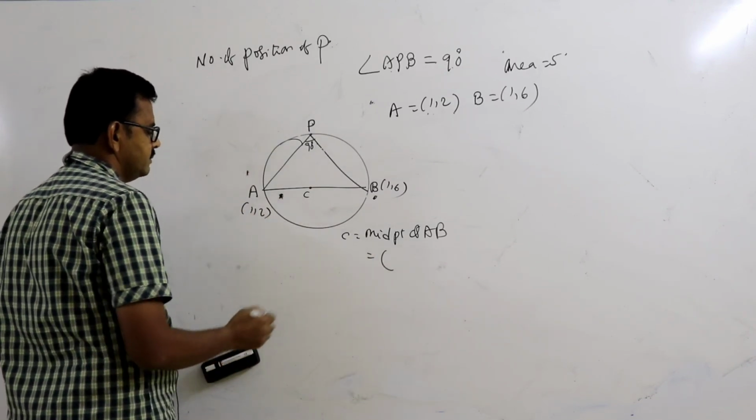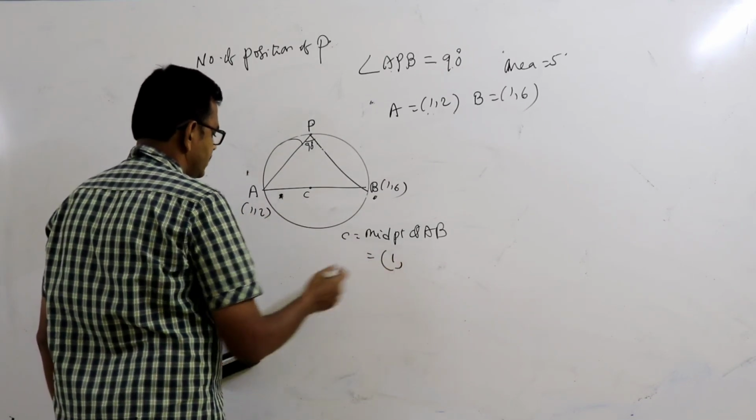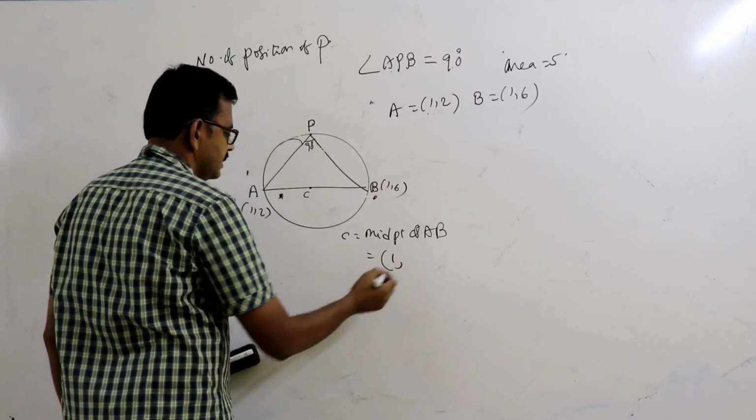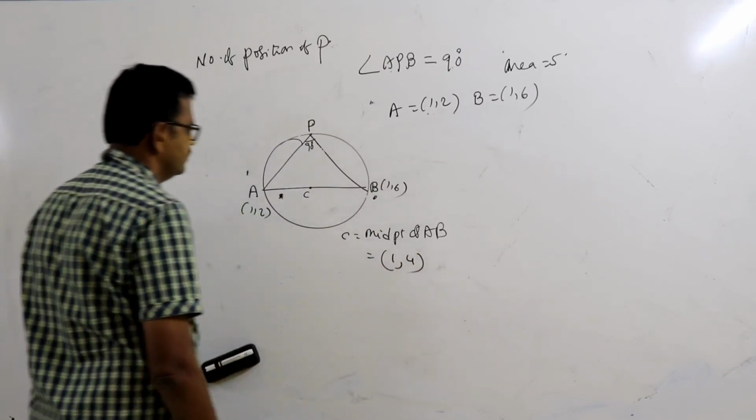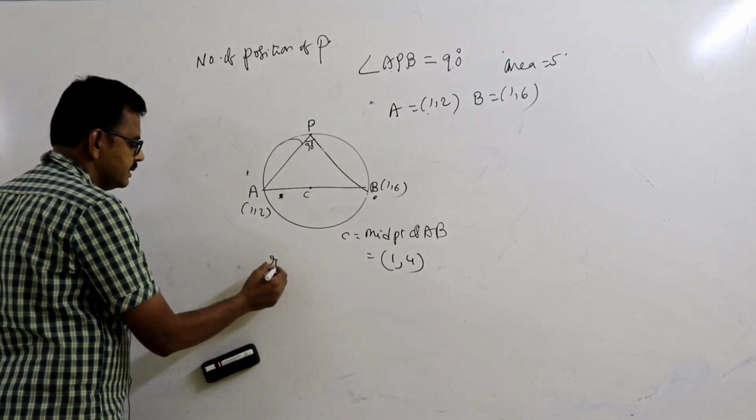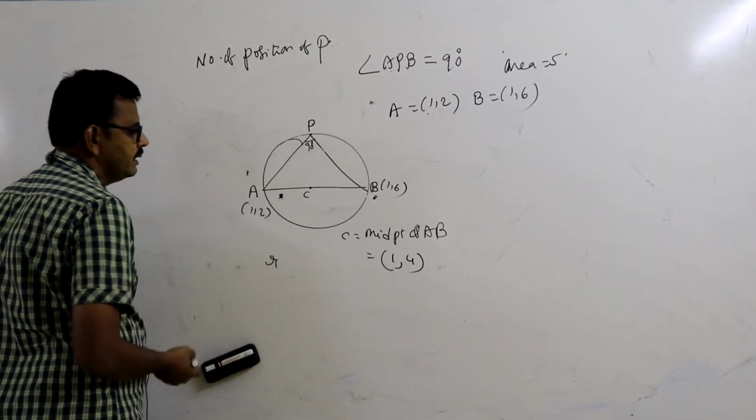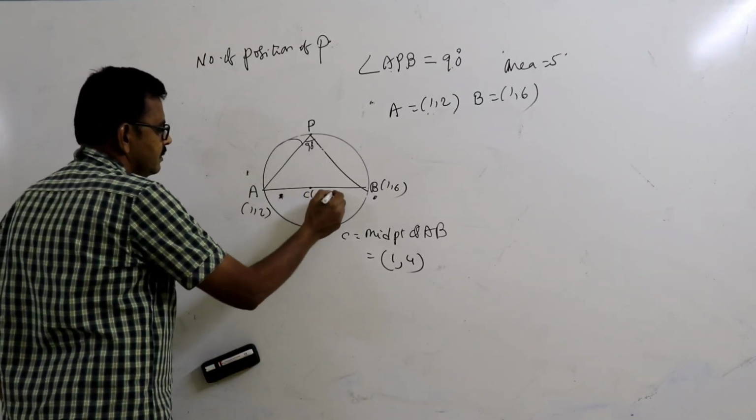Midpoint of AB is x1 plus x2 by 2, that is 1, y1 plus y2 by 2, that is 4. So center is 1 comma 4.